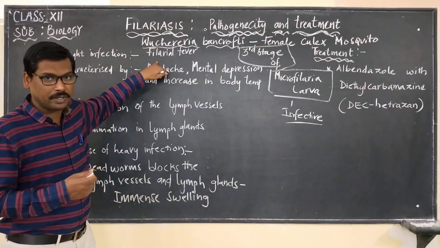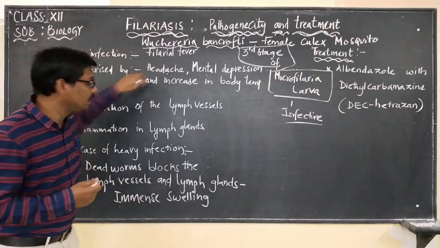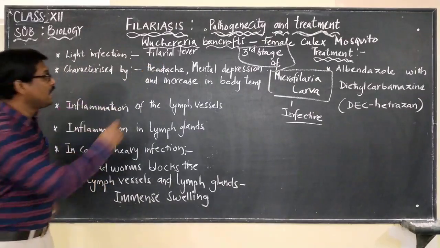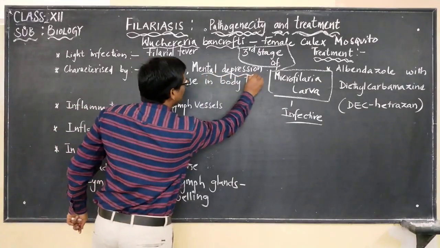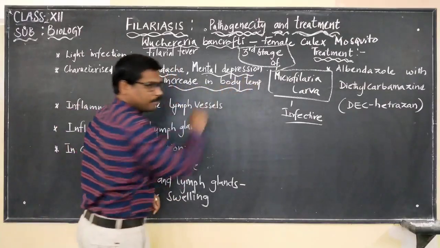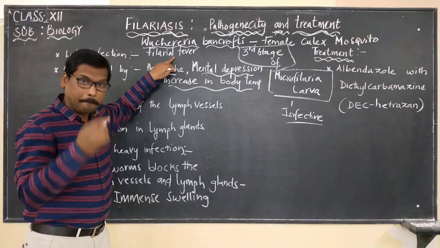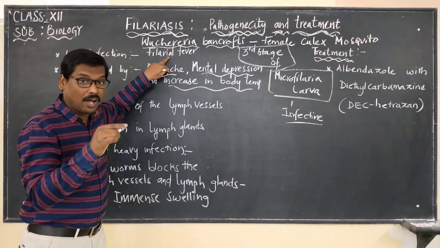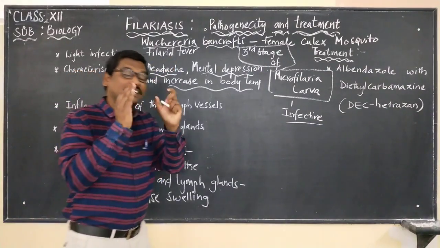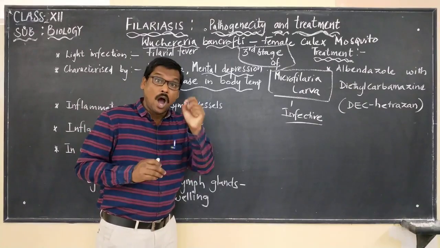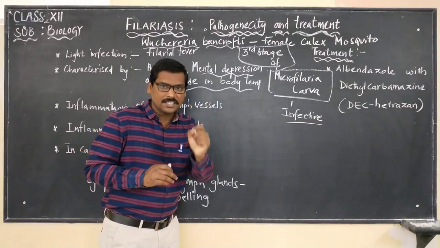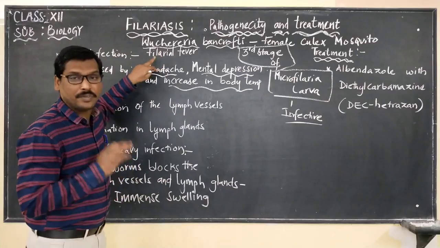But this filarial fever is characterized by headache, mental depression, and increase in body temperature. A light infection is called filarial fever. How can we decide that this is filarial fever related to filariasis?